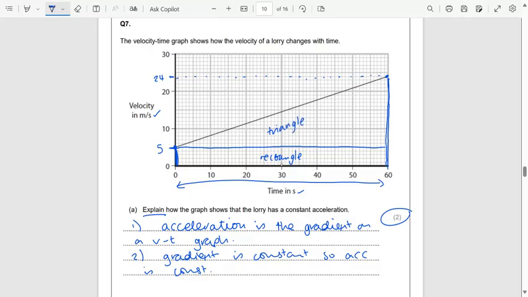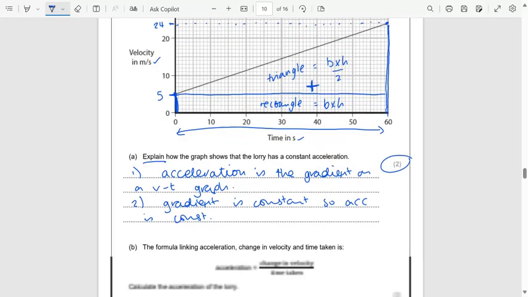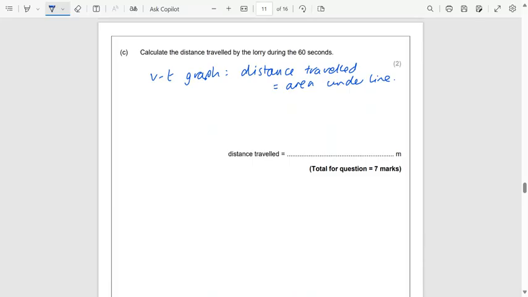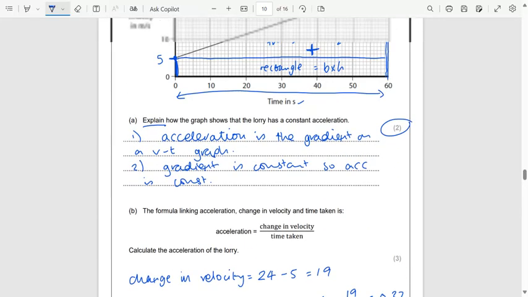Now the area of a rectangle is base times height, and the area of a triangle is base times height over 2. So if I can find the area of a triangle and the rectangle, and then add them together. So let me just write out what I'm doing. So it's the area of the triangle and the area of the rectangle, and then we're going to add them together. Let's take the rectangle first.